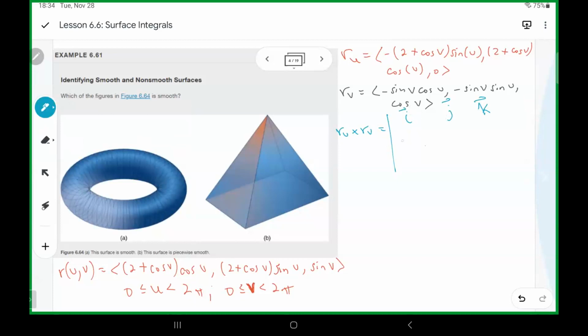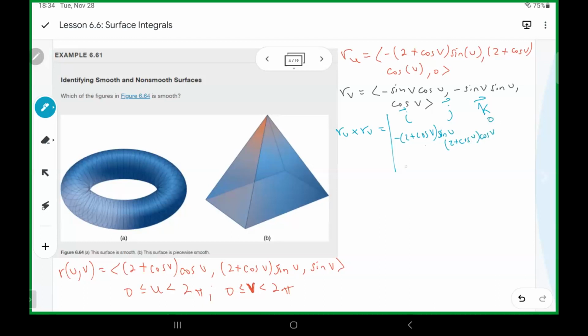So it's going to be what we just found, the minus 2 plus cosine v sine u. Obviously, my stuff's going to not be as nicely written as yours should be. 2 plus cosine u cosine v, and then 0.